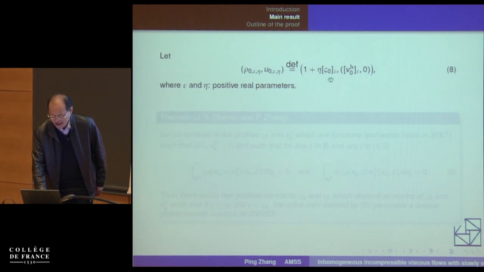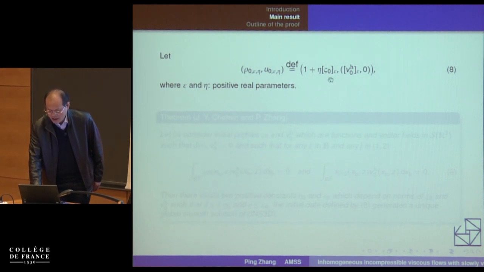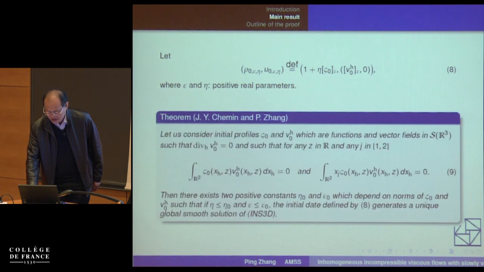So here this epsilon and eta are positive real parameters, and this eta is independent of this parameter epsilon.